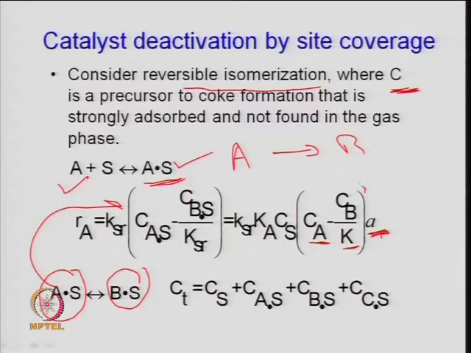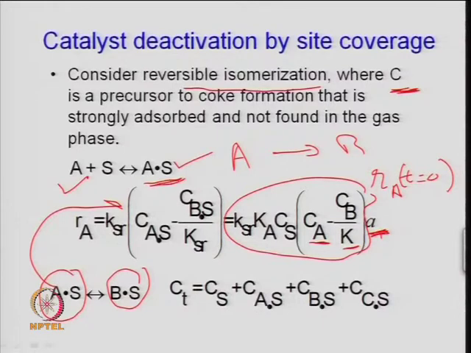So, basically this is your rate when the catalyst is fresh. So, one can write it like this, R A at t equal to 0, right, and that is determined from the Langmuir type of mechanism, simple, right. So, I multiplied this with the activity of the catalyst, and the activity determination function is separate.